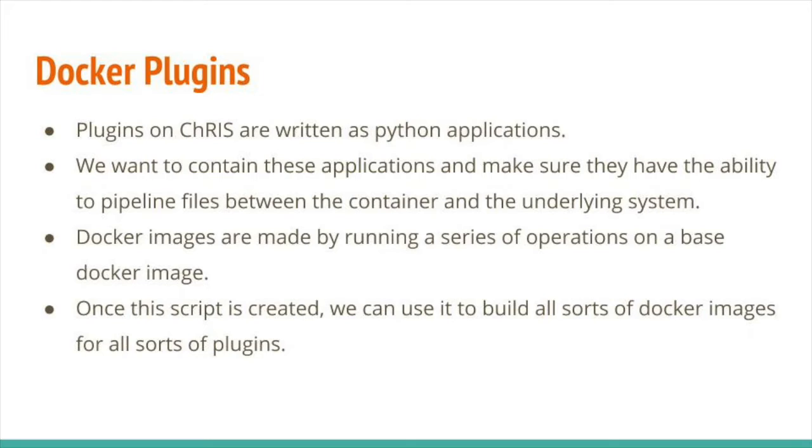What we want to do is create a container with the ability to pipe files between itself and the CRIS file system. This could be done by binding Docker containers to CRIS via TCP connections. Once the image files are inside the container, the programs are executed to transform the data.